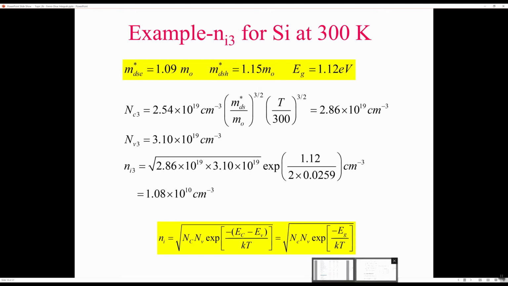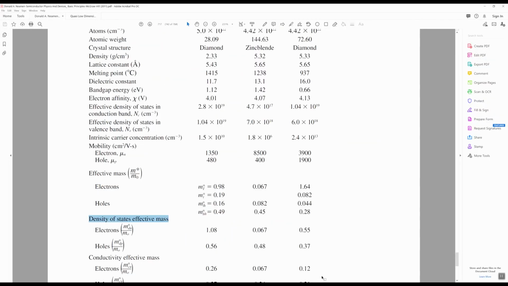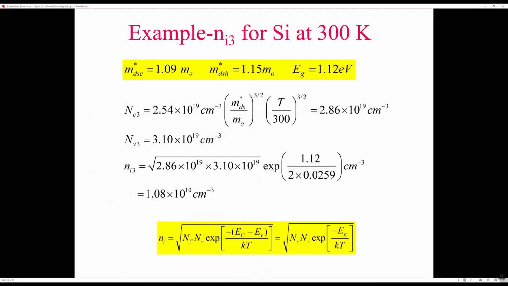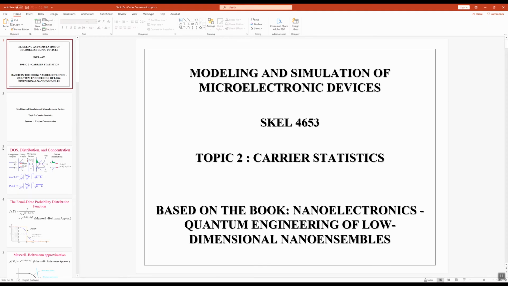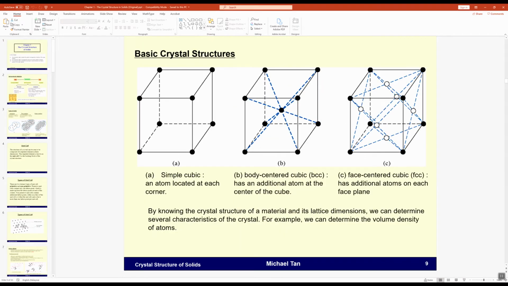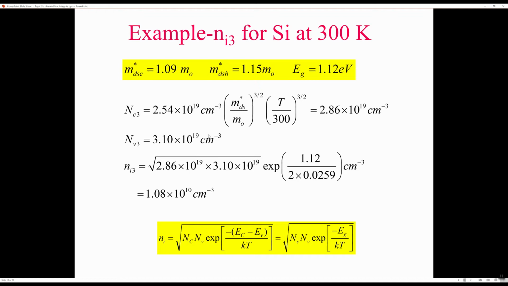So let's look at Neamen's book. 2.86, yes, this is the value that you're going to get, 2.86, and if you still recall 1.04, that's how you get the value. Yep, this is the one, 2.86 here.